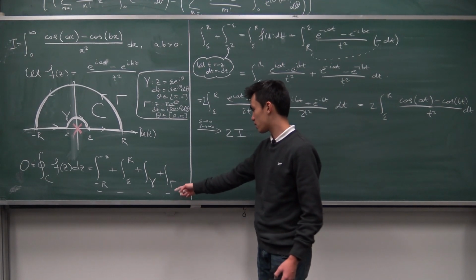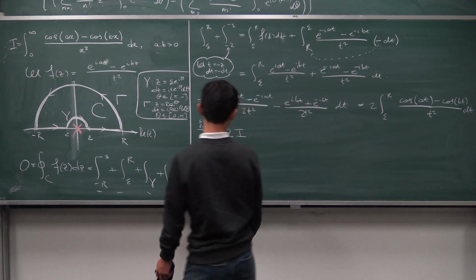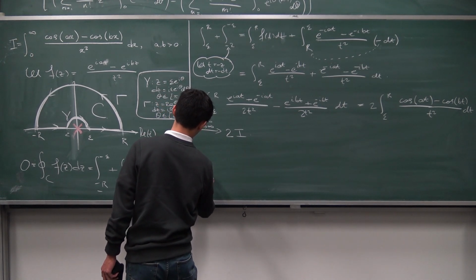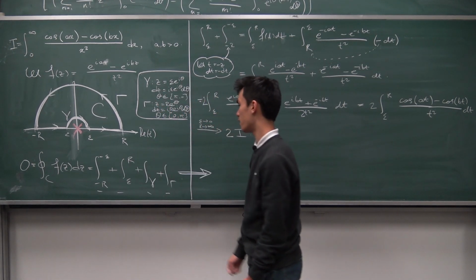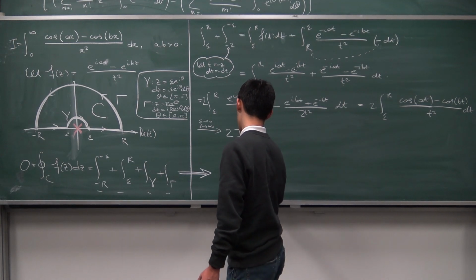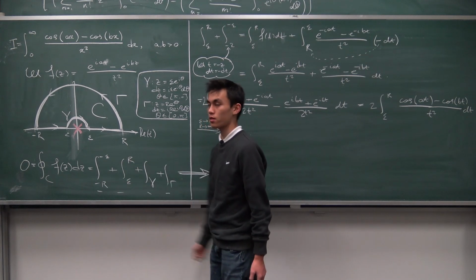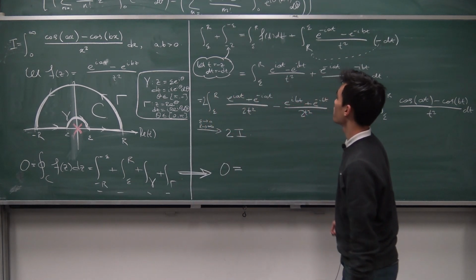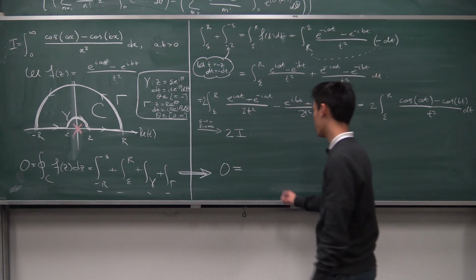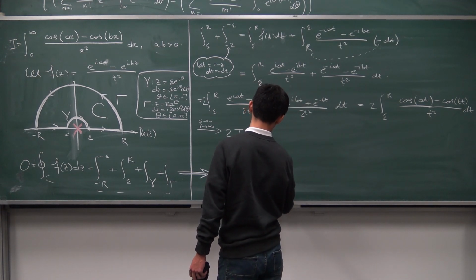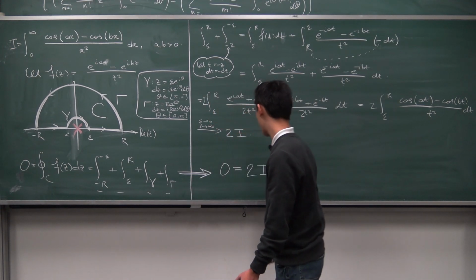Okay, so what did we just find? Let's rewrite this equation over here. We have 0 is equal to the integral from minus r to epsilon. Well, these first two integrals over here, we showed on the first blackboard, reproduced exactly 2i. So this is 2i here. What did the integral over gamma give us?